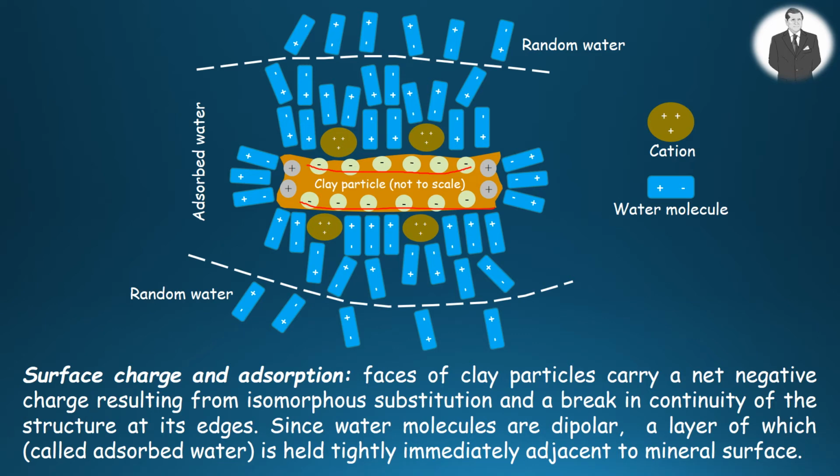Water molecules are dipolar, which means a water molecule has a positive charge at one side and a negative charge at the other side. This is known as a dipole. So dipolar water is attracted both by the negatively charged clay surface and cations in solution.